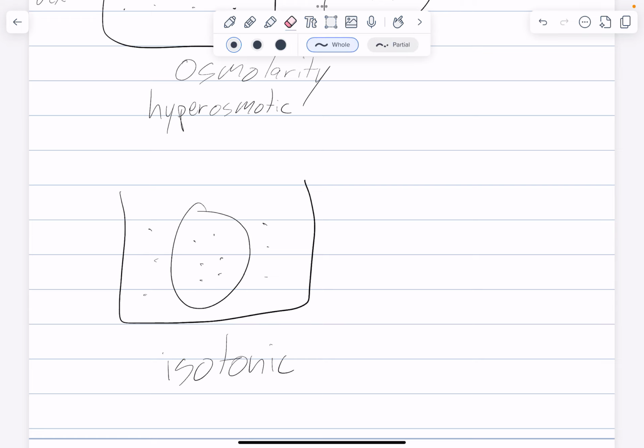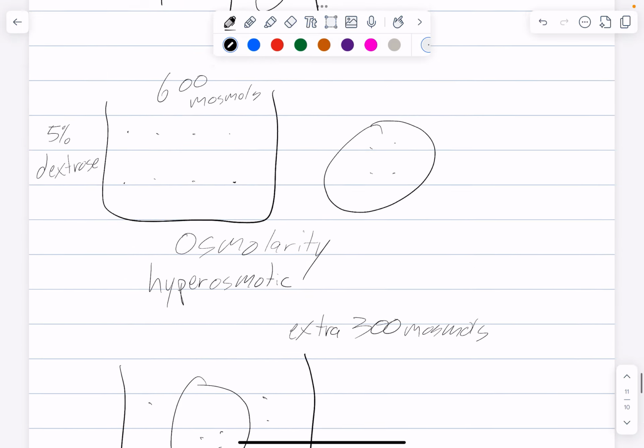Because this extra 300 will dissolve into the cell. So we will be back to normal, which is an isotonic environment.